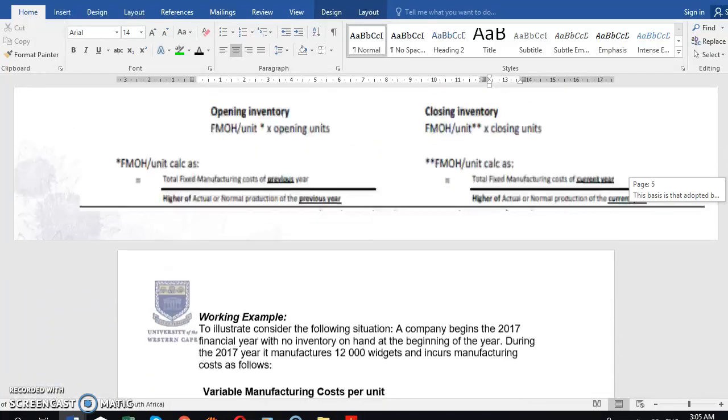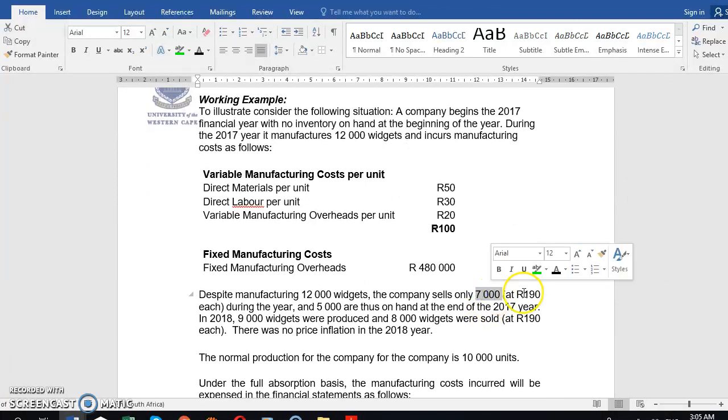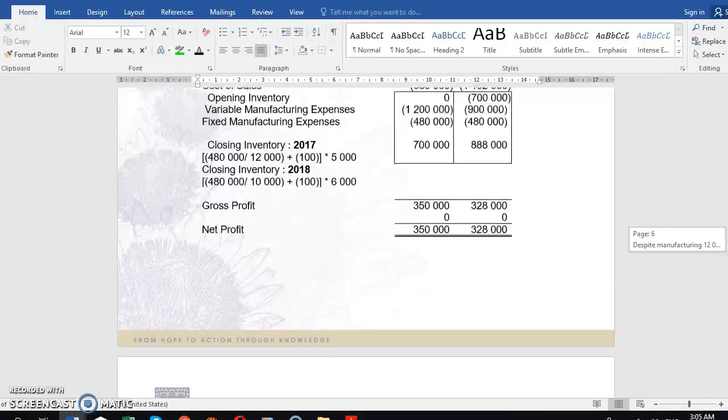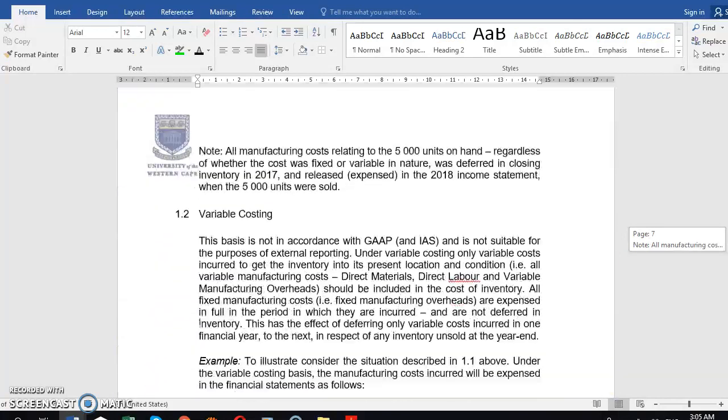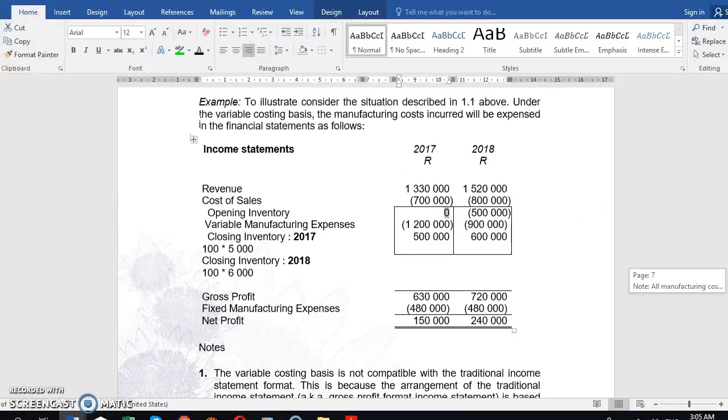Alright, so using the same example, in terms of sales, it's still the same. It's 7,000 times 190 for sales for 2017. So that's still the 1330. Opening inventory was 0 because we started with no inventory in 2017.